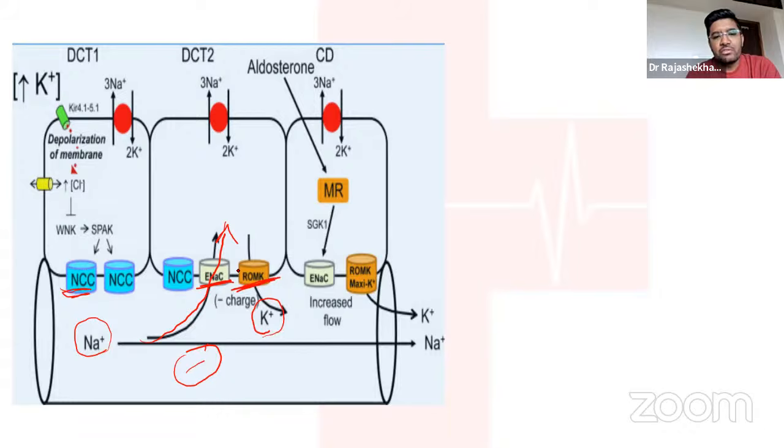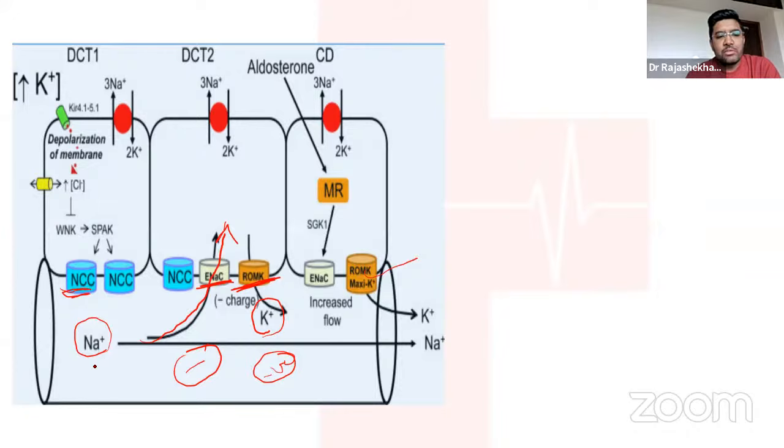This is a very important receptor. 90% of the potassium secretion occurs through this receptor, whereas there is another receptor called the maxi-K or BK receptor, where some amount of potassium secretion also occurs. The more negative charge, the more electronegativity in the lumen, the more potassium is secreted into the lumen.